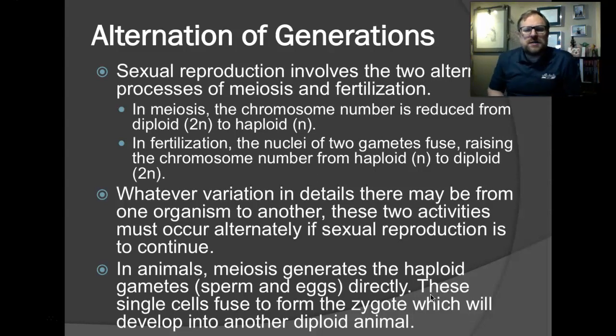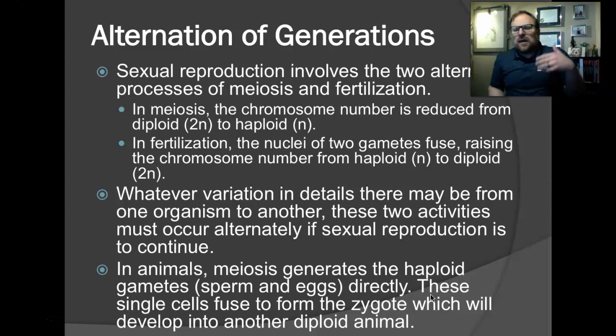Whatever variation in details there may be from one organism to another, these two activities must occur alternately if sexual reproduction is to occur. Okay, so we need to do meiosis to produce a haploid gamete. Those two gametes need to come together to make a diploid individual. And it goes around and around like that.